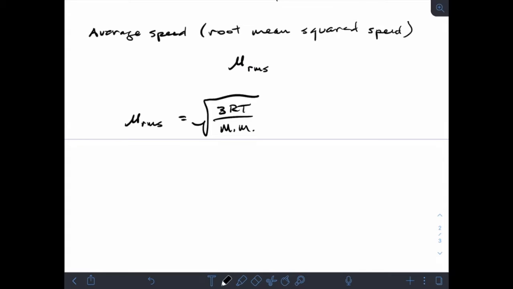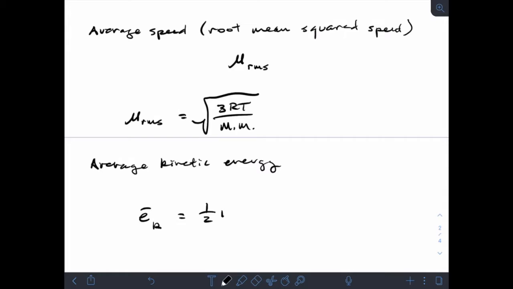If we want to know the average kinetic energy of gas particles, the average kinetic energy equals 1/2 mass times mu RMS squared. Mass and velocity, very similar to an equation that you would see in a physics class.